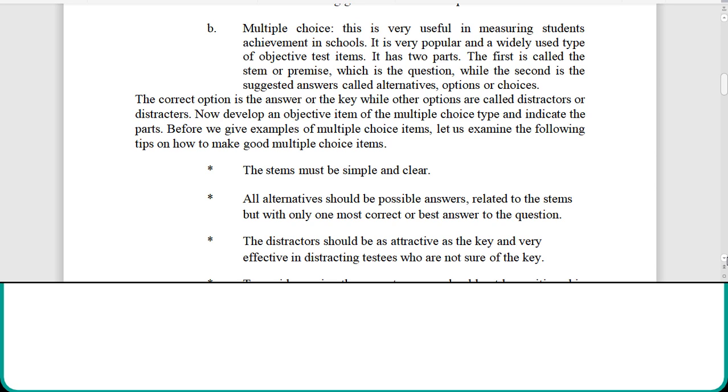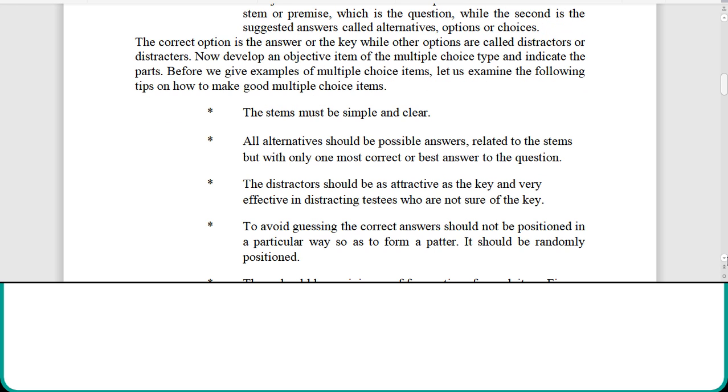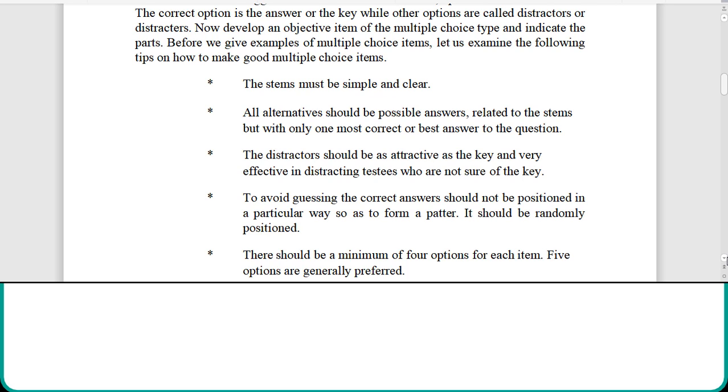Before we give examples of multiple choice items, let us examine the following tips on how to make good multiple choice items. Number 1, the stem must be simple and clear. The stem is actually the part of the question which has some clue or indication of the answer. All alternatives should be possible answers related to the stem, but with only one most correct or best answer to the question.